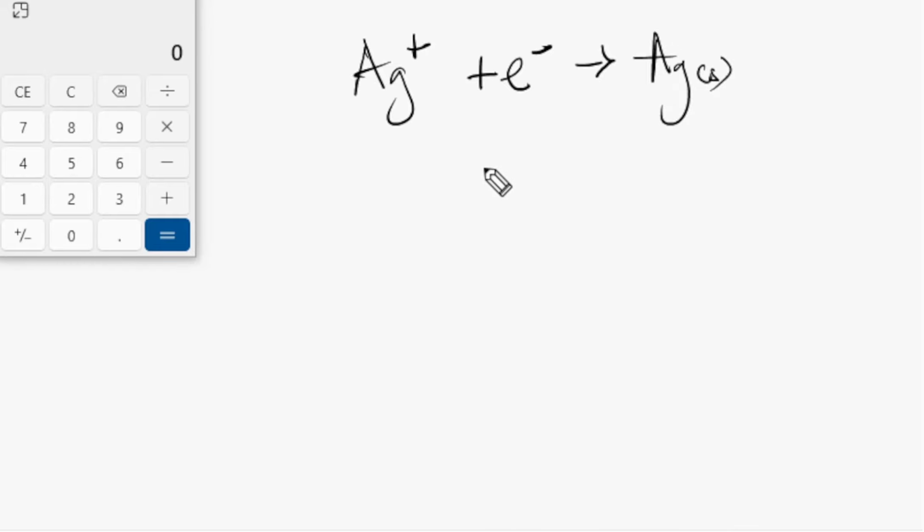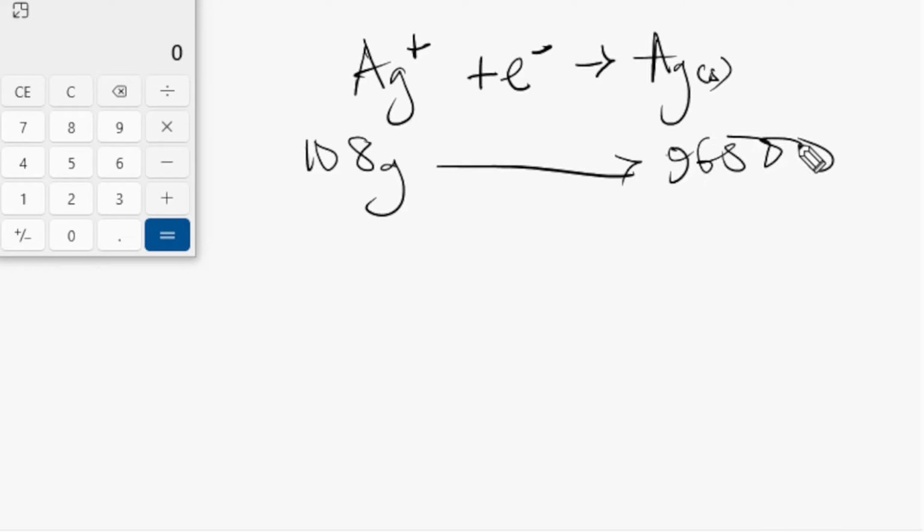So since we have this here, it means that 1 mole of silver, which is the atomic mass here, 108 grams of silver, is going to require just 1 times the Faraday's constant. So that's 96,500.